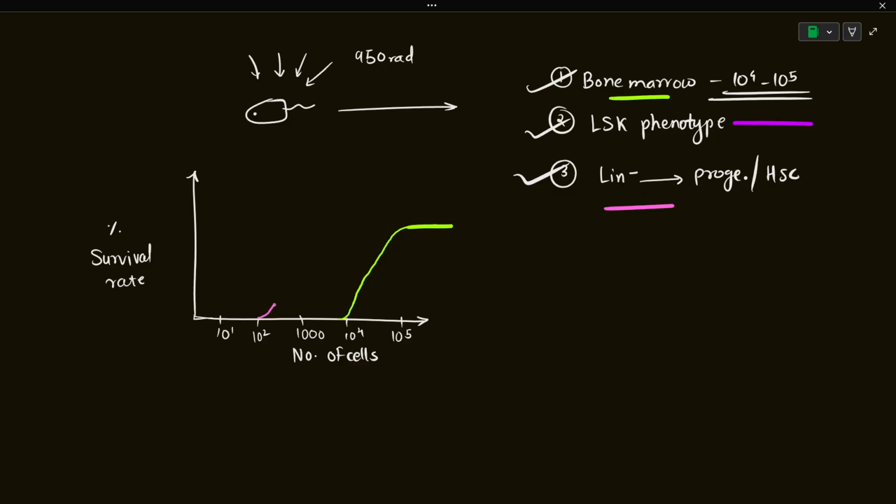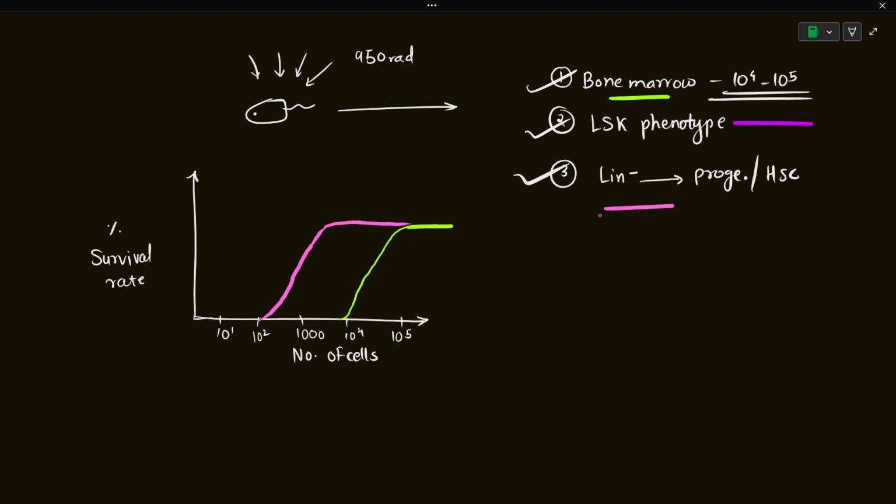As I increase the number of cells, the percentage survival rate increases, and once thousands of these cells are introduced, the mouse has a 100% survival rate. So this was the graph for introducing the Lin negative cells into the mice.